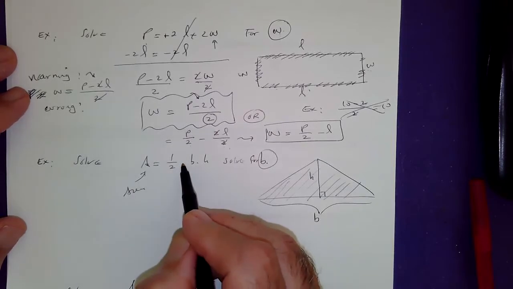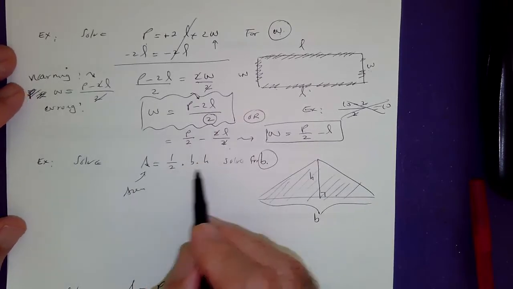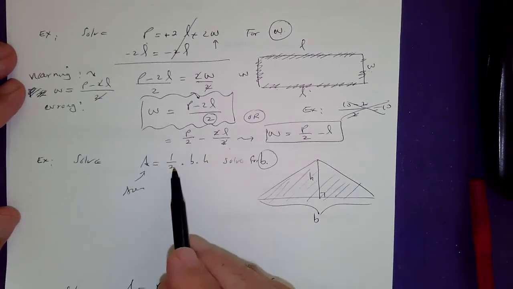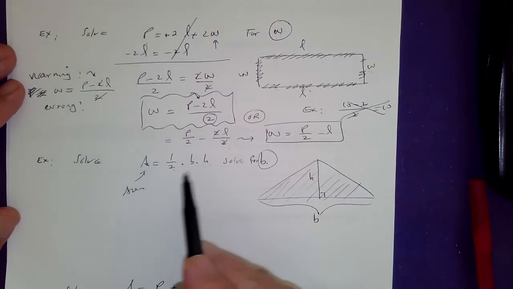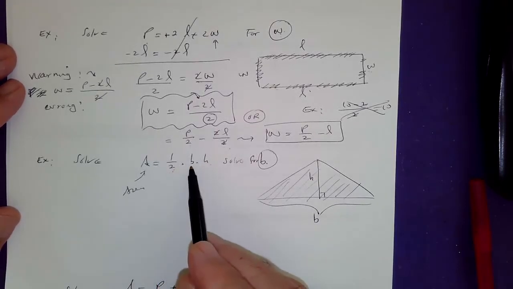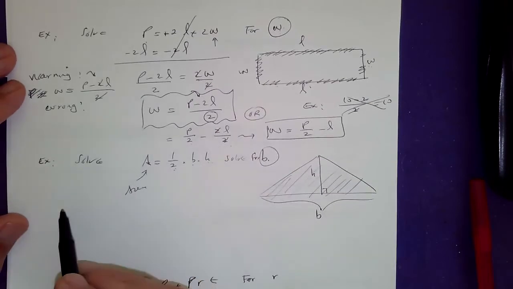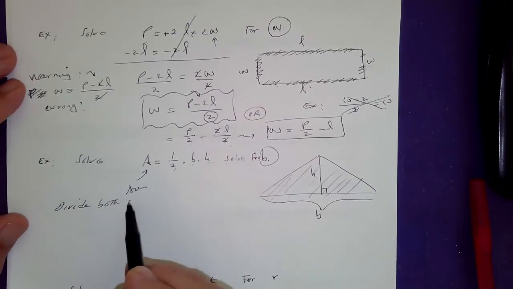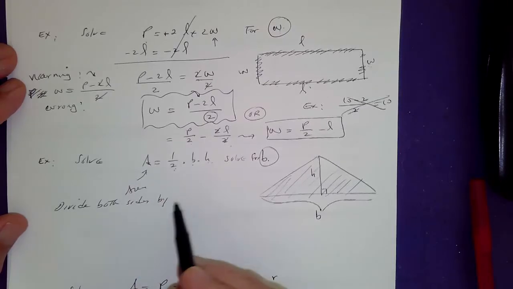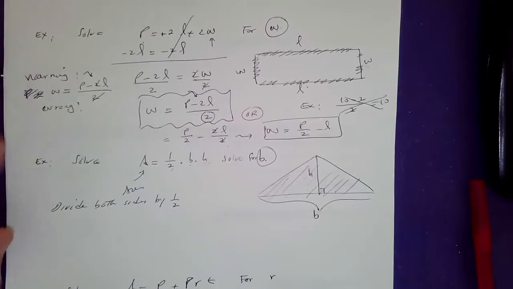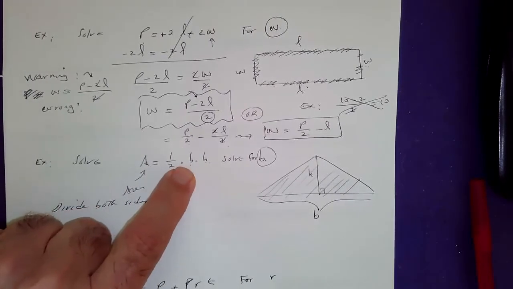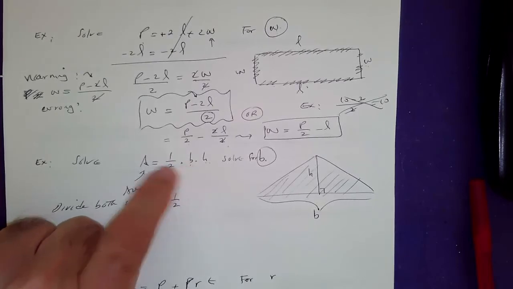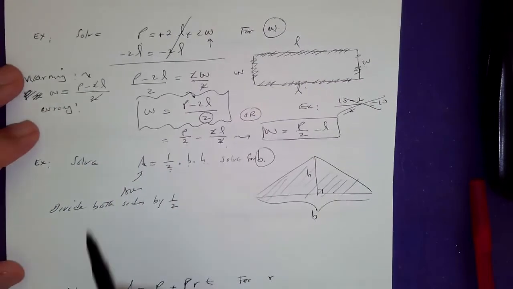Well, what do I see? I see that I have a multiplication of 3 numbers, namely 1/2, B, and H. First thing I do is divide both sides by 1/2. Remember, this is multiplication. Opposite of multiplication is division. So to get rid of 1/2, I have to divide both sides by 1/2.